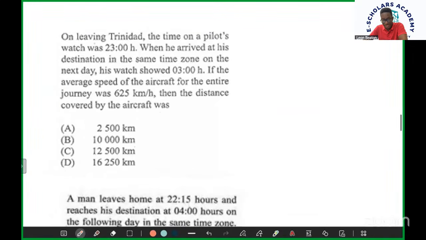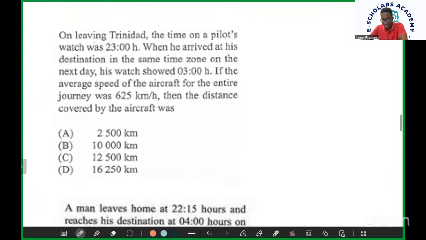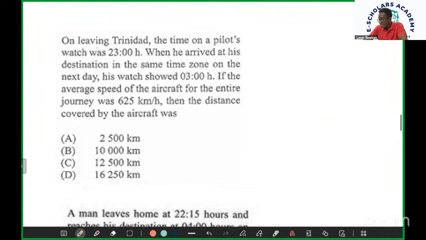And you see, similar question now, but they changed it up a bit. So on leaving Trinidad, the time on the pilot's watch was 2300 hours. When he arrived at his destination in the same time zone on the next day, his watch showed 3 hours.